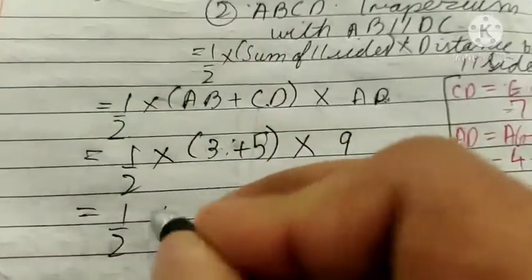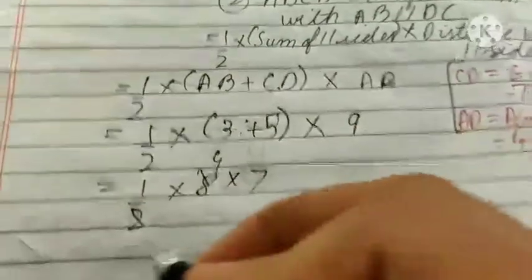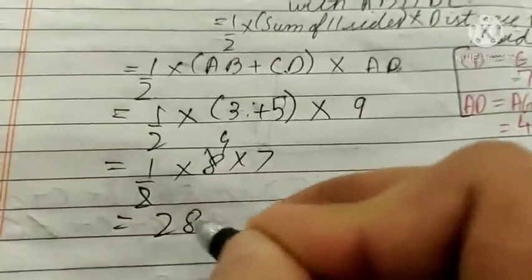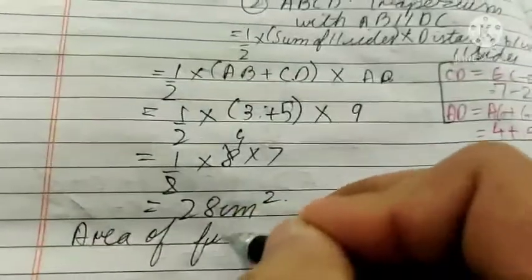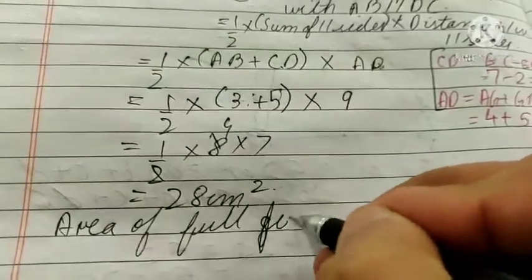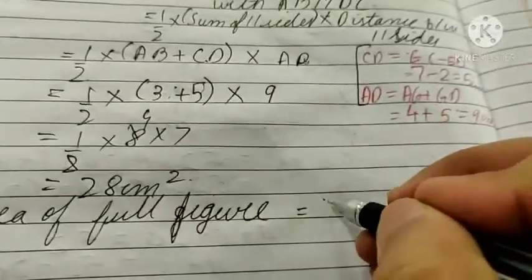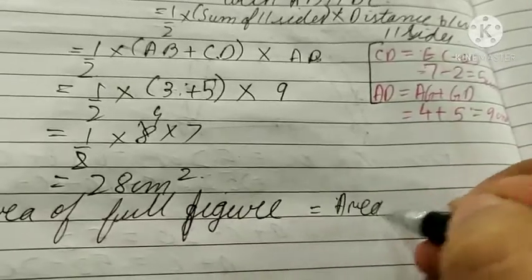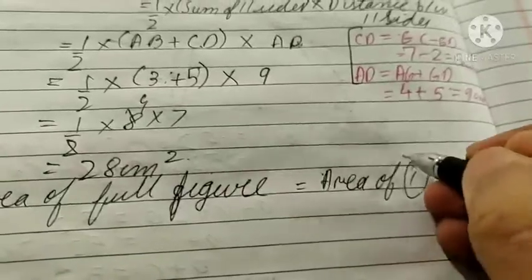So half into 8 into 9. 4 7s are 28 centimeter square. So this is the area of full figure will be area of 1 plus 2.